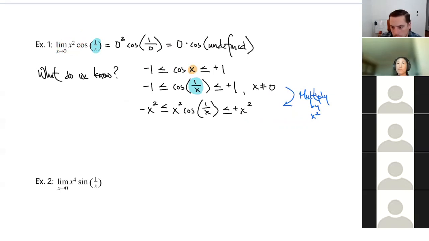Now, here's what we're going to do. We're going to take a look at the bread pieces that we've made, and we're going to find the limits of the bread pieces. Okay. So when we plug in 0 for x, we're going to get 0 over here, right? 0 squared is 0, -0 is 0.